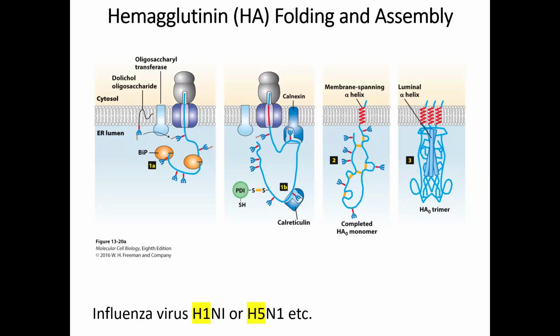So this is your hemagglutinin protein. What is being shown here is that all these dots that you're seeing, the red, blue, and orange colored dots, are the glycosylations. And all these yellowish dots are the disulfide bonds.